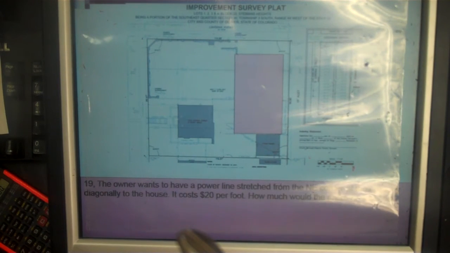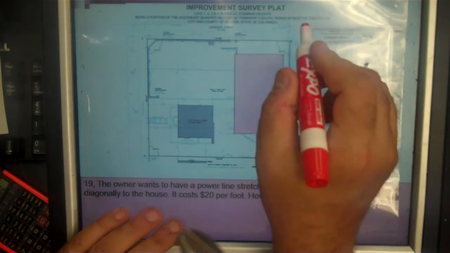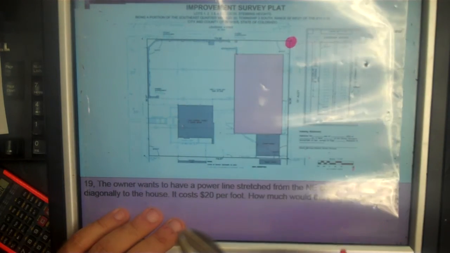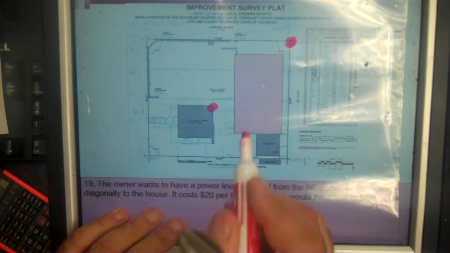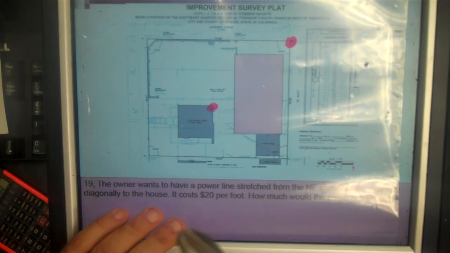Number 19, the owner wants to have a power line stretched from the northeast corner of the property diagonally to the house. It costs $20 per foot. How much would the entire project cost? Here's the northeast corner of the property. Here is the closest spot to the house.